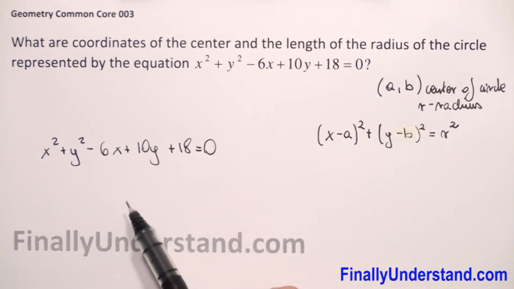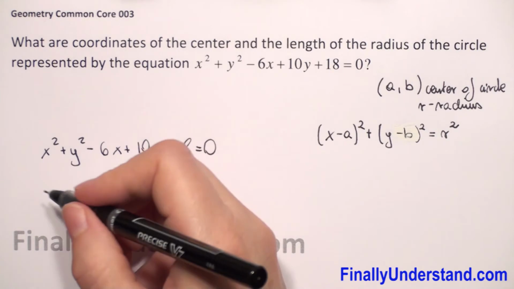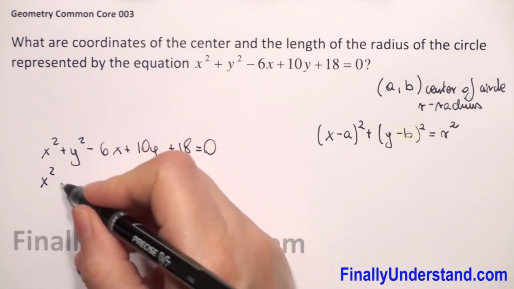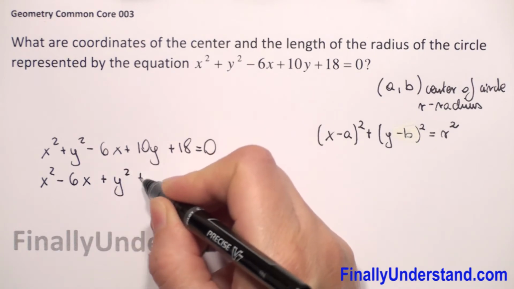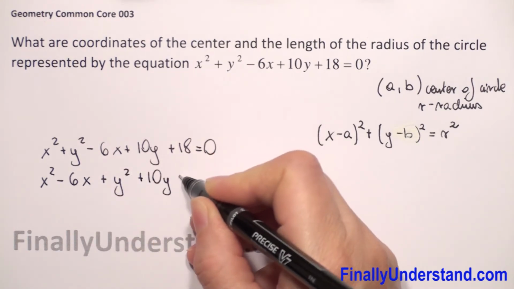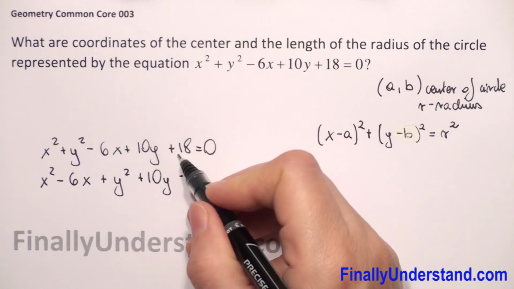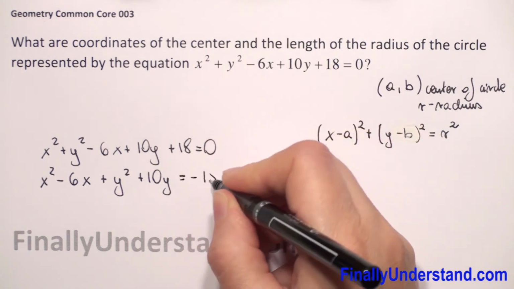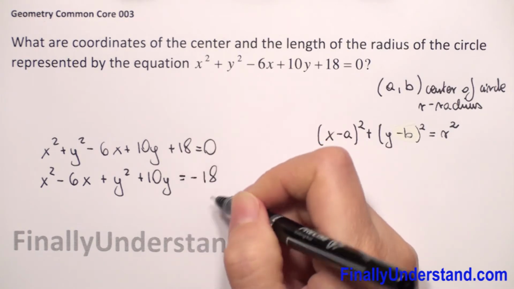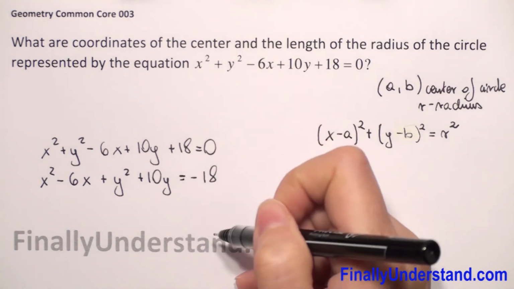First I will group expressions with x and y. We have x squared minus 6x, and y squared plus 10y, and I will move positive 18 to the other side, so this is equal to negative 18. When we move to the other side, we have to change the sign.